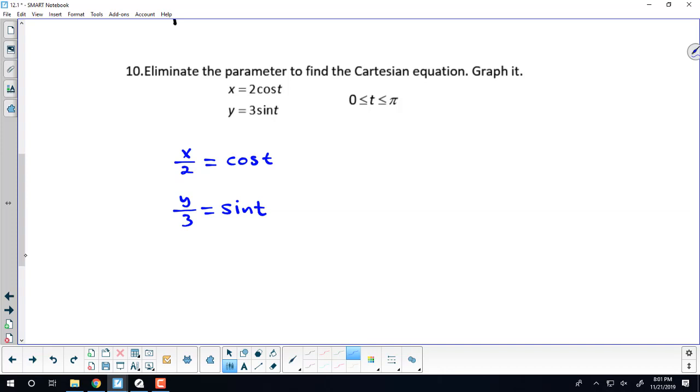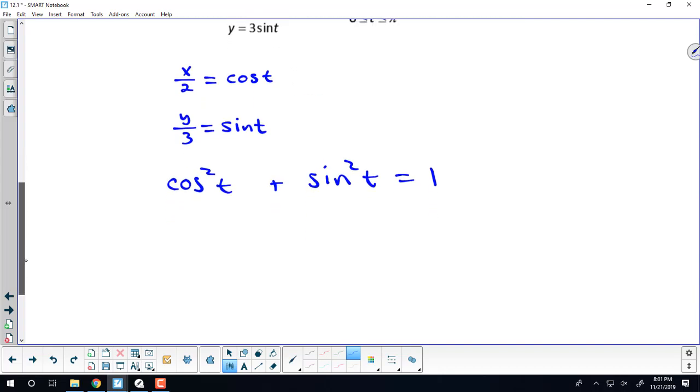So then, again, squaring both sides, we have cosine squared plus sine squared is equal to 1. In other words, x over 2 squared plus y over 3 squared is equal to 1.